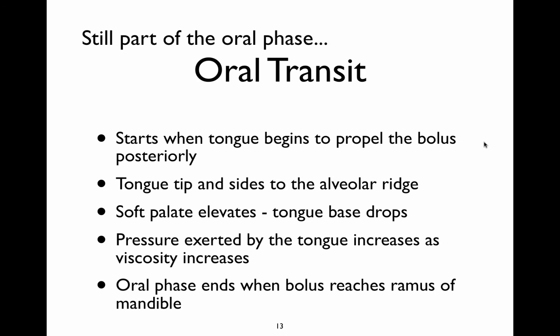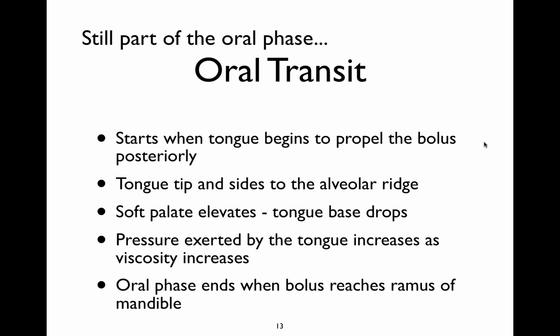But the tongue tip is not the only aspect of the structures that are moving. The tongue tip and the sides are both elevated in order to sort of scrape the bolus to the posterior and not lose pieces of bolus in the lateral dimension.